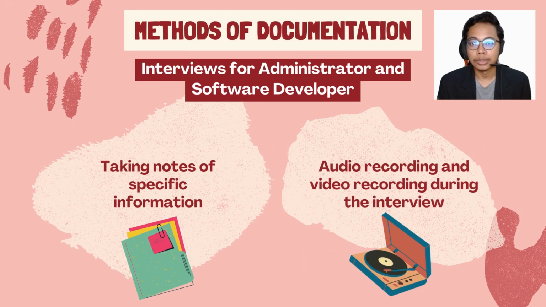Now, let's talk about the methods of documentation. We will discuss how we are going to apply these interviews and questionnaires for the stakeholders that we have chosen and how to perform them effectively. First, let's go through the interviews for administrators and software developers. While we are doing these interviews, the first thing we should do is take notes of every specific piece of information.